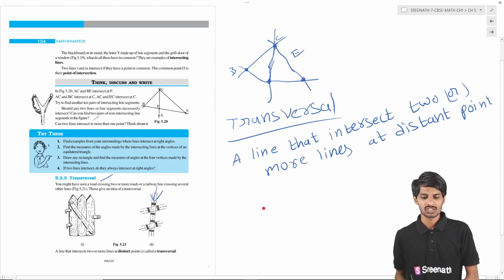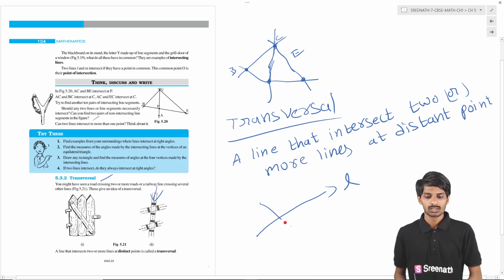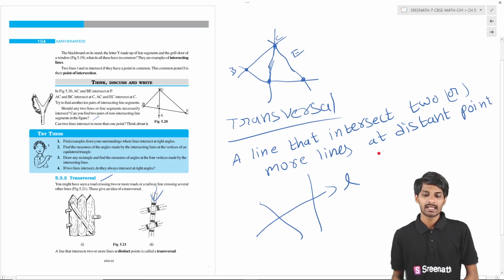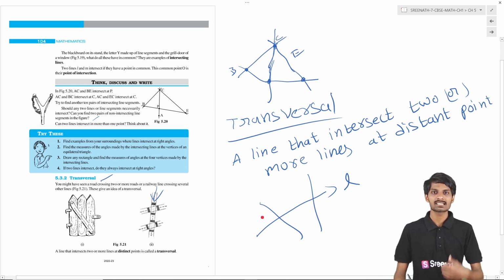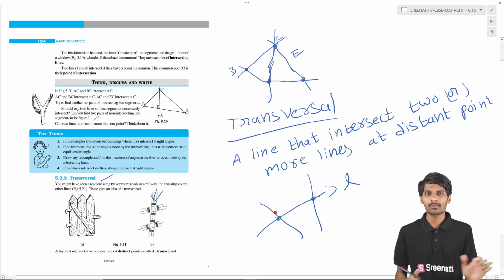Suppose this is a transversal line M. So what is the condition? This line must intersect 2 lines at distinct points. This transversal is intersecting this line at this point, and this line at this point. So these 2 intersecting points are distinct and separate points.